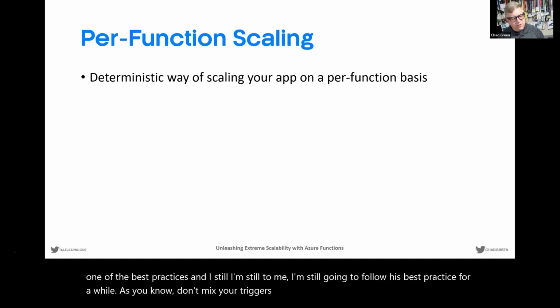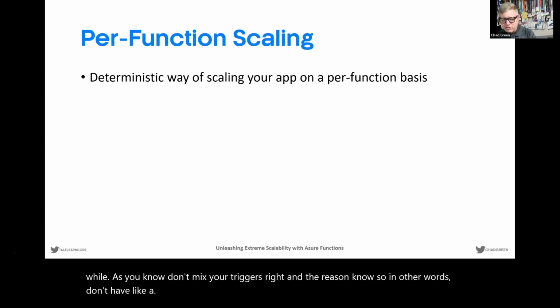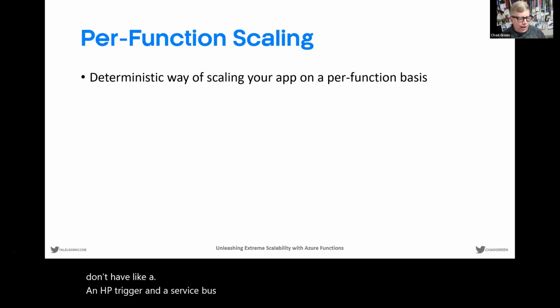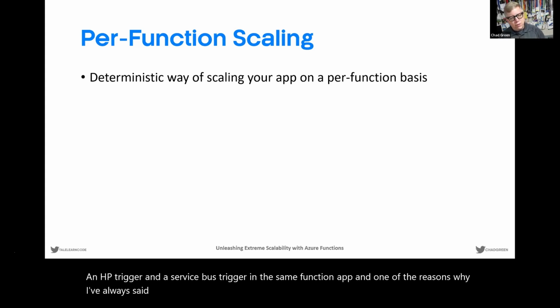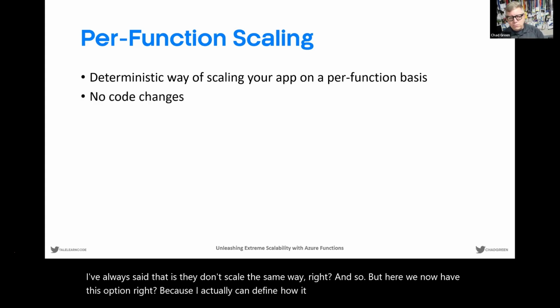In other words, don't have an HTTP trigger and a Service Bus trigger in the same function app, because they don't scale the same way. But here we now have this option, because I actually can define how it scales. The great part is no code changes. This is all configuration.